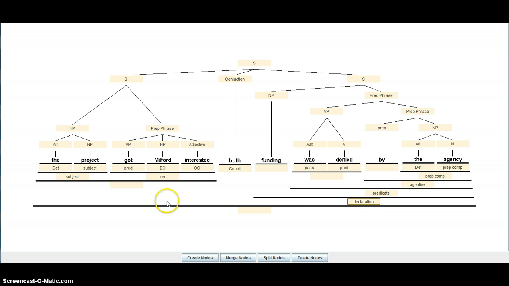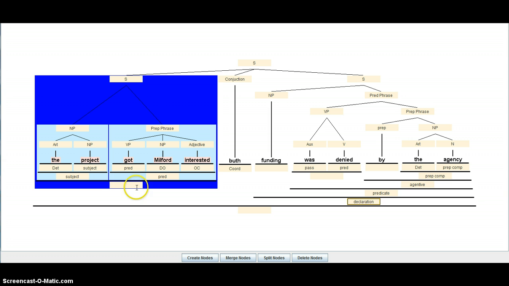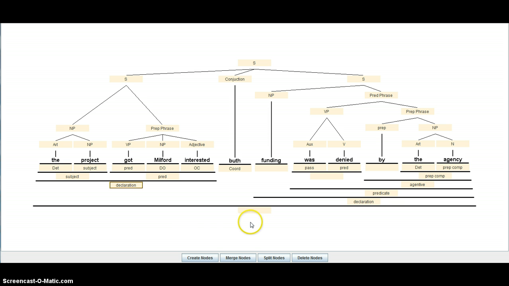Okay, and then we have, I think, more to figure out here. This is the declaration here on this branch. And by is called an agentive function. So that's why this is the agentive too.